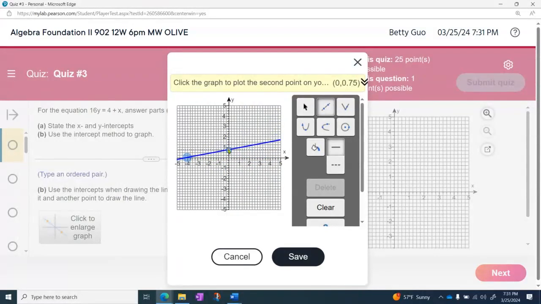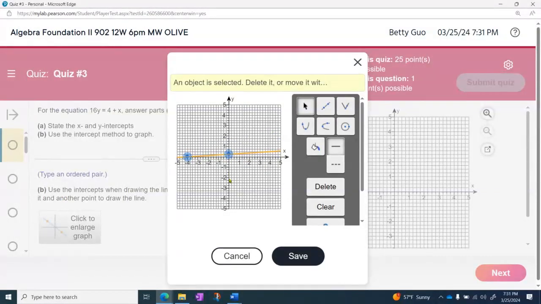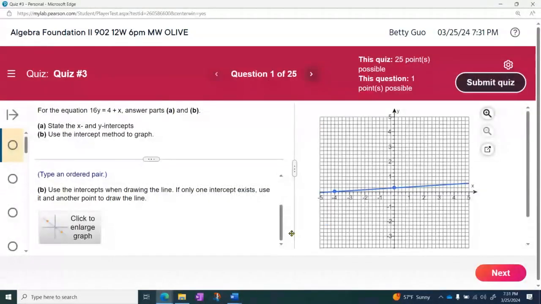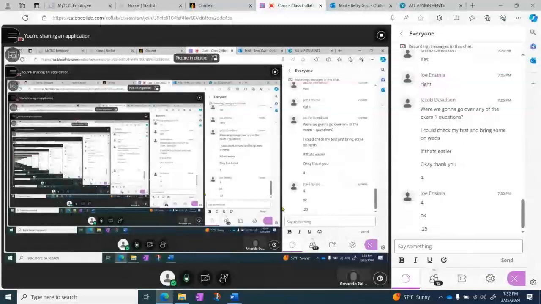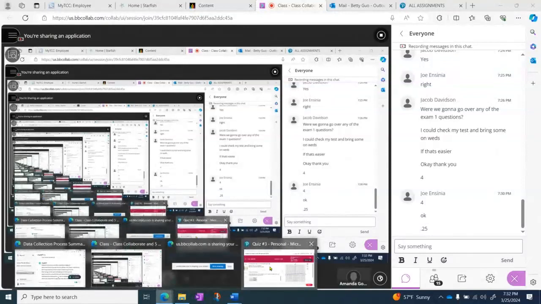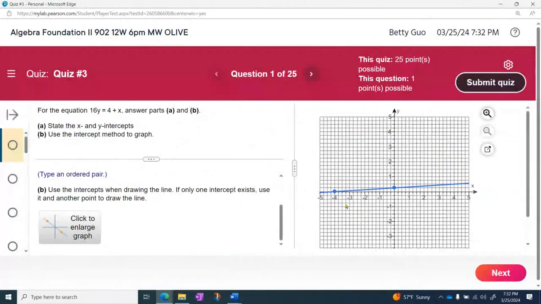A quarter, this is 1, 2, 3, 4. Should be here. Let's give it a try. This is a 0.25, yeah, a quarter. If I get this question wrong because I don't see it well, it's too tiny. Next.